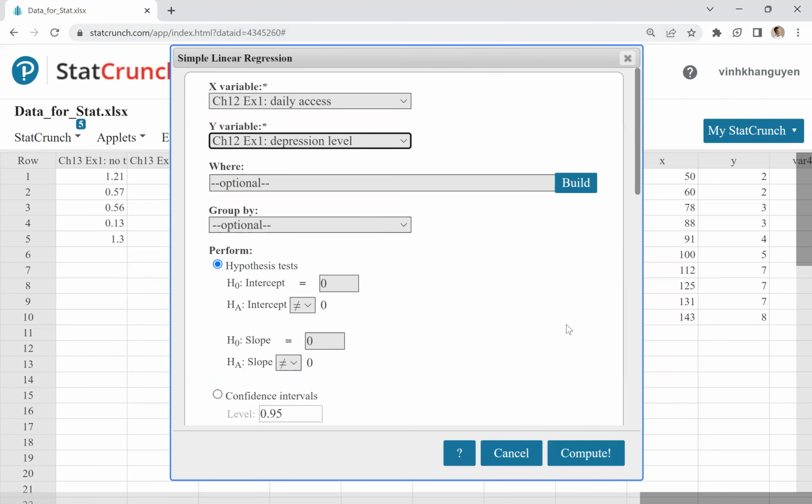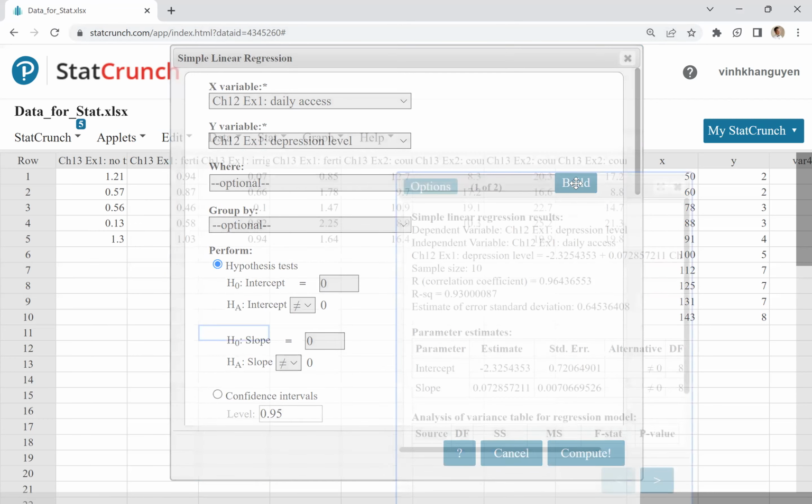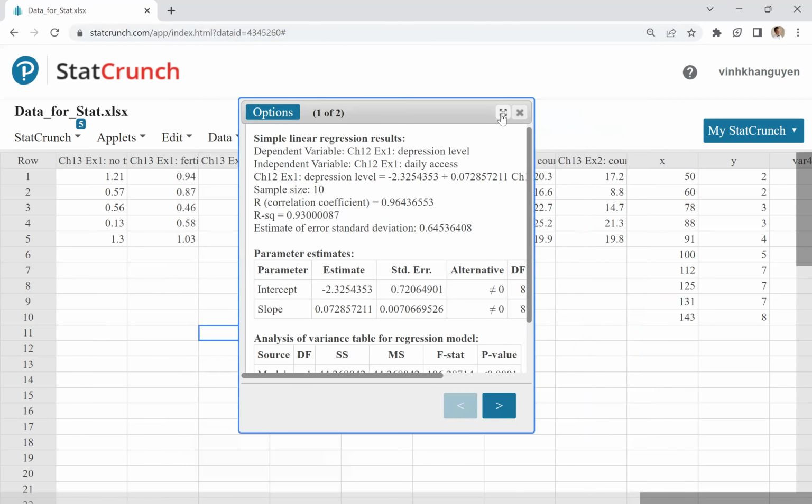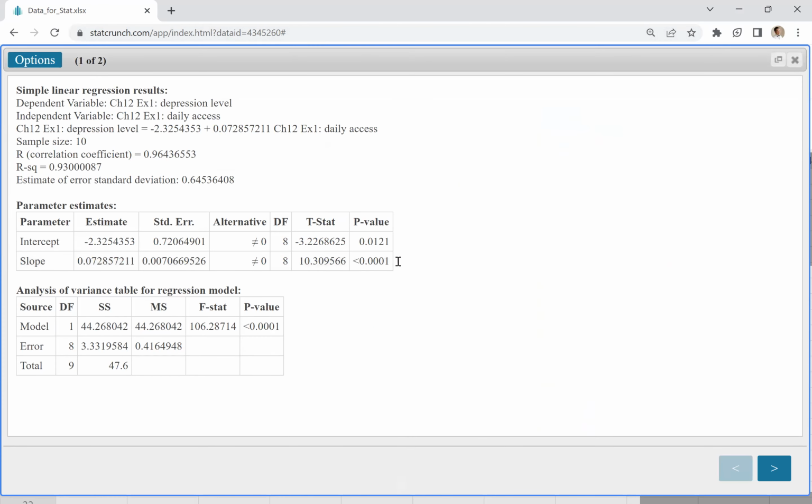And that is it. All we have to do is just hit Compute. And look at this. It gives us the correlation coefficient and the square of the correlation coefficient. So that is the coefficient of determination.